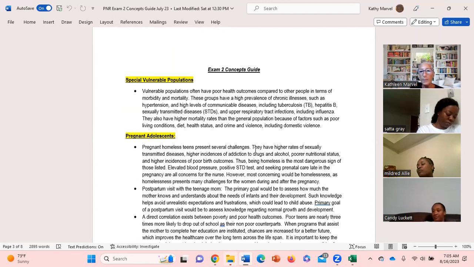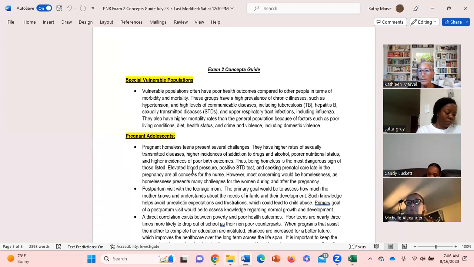Without reading this, tell me about special vulnerable populations. What additional risks do they have? Diseases, chronic illnesses, yeah. What else?